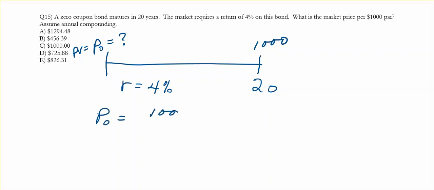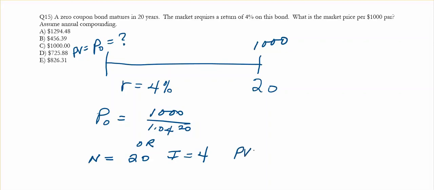So we could, because it's a simple lump sum formula, that's actually quite easy to do with a formula. We can still use the financial calculator. So N equals 20, I equals 4. We're solving for price.